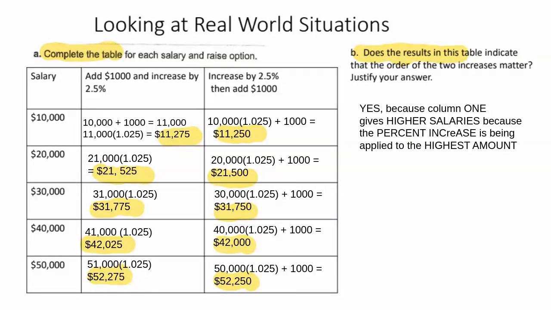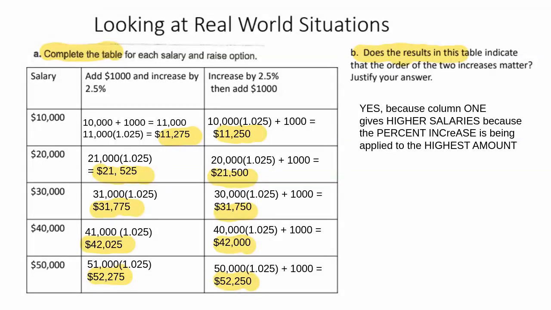Okay? We are already getting 11,000 on our first line in column A. And it is that 11,000 that I get 11,275. But if I do it the other way, notice I'm getting $25 less. Order matters.